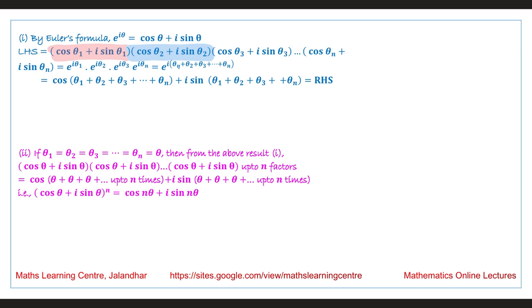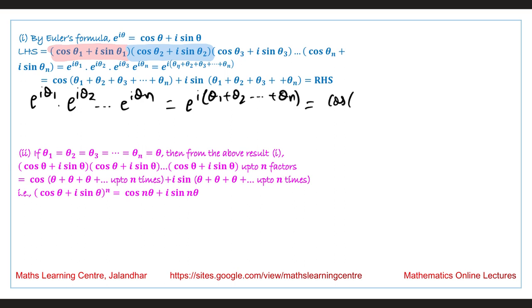So we can write using Euler's formula, e raised to the power iota theta 1, e raised to the power iota theta 2, so on up to e raised to the power iota theta n, and this is equal to e raised to the power iota theta 1 plus theta 2, so on up to theta n, and this is equal to cos of theta 1 plus so on up to theta n plus iota sine of theta 1 plus so on up to theta n, and this is what we have to prove.